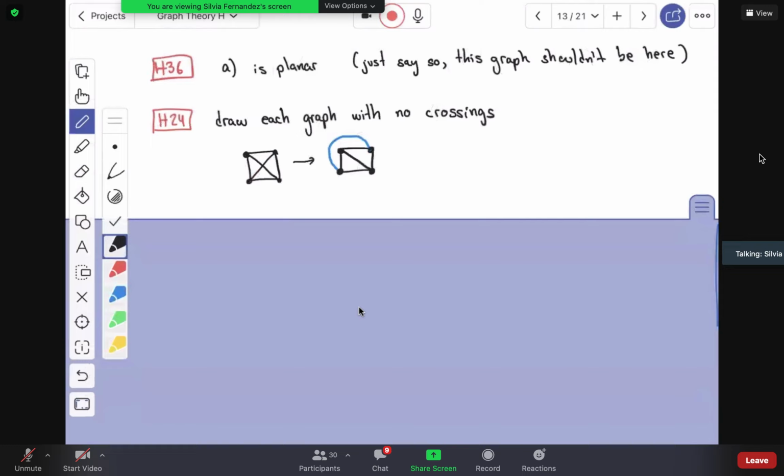I'm mentioning this because I heard from several of you that maybe some of you are even afraid, because we're mentioning isomorphic graphs and isomorphisms were hard, and we have to deal with isomorphisms and planarity at the same time. So it seems too overwhelming. What we mean by drawing a graph that's isomorphic is essentially this: you have the freedom to stretch the edges as if they were rubber bands.